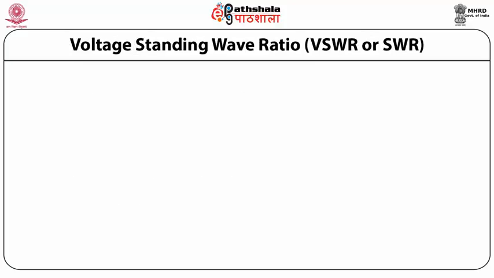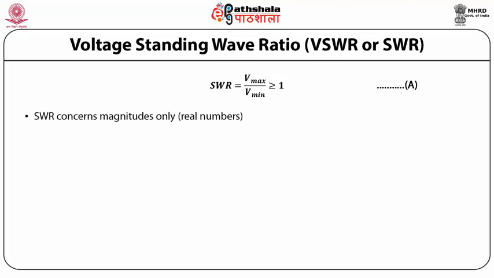So we have the voltage standing wave ratio, VSWR or SWR, equal to Vmax by Vmin, greater than or equal to 1. So SWR concerns magnitude only.